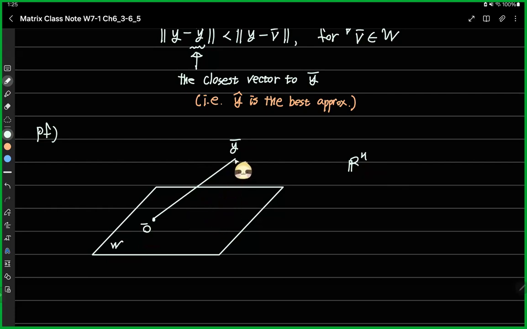We know the orthogonal projection of Y is maybe right there. This is going to be Y hat. Then this is going to be Y minus Y hat, this distance.